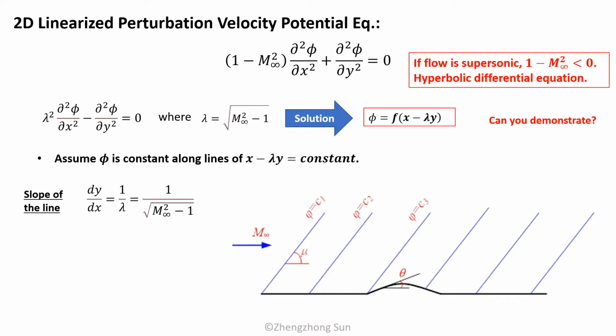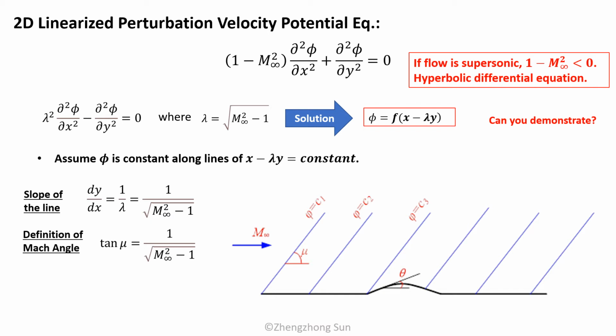The slope of those parallel lines is 1 over lambda, and it becomes 1 over the square root of M infinity squared minus 1. I don't know whether 1 over the square root of M infinity squared minus 1 reminds you of something. Does it ring a bell? I'll give you a few seconds to think. Do you remember the definition of Mach angle?